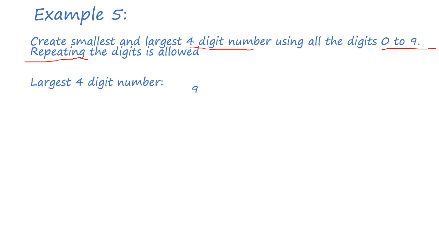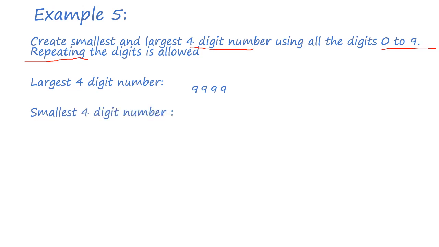So for hundreds place, what digit should I use? I want to use the largest digit, so I'll use 9 again. And at tens place, 9 again and 9 again. So 9,999 is the largest 4-digit number that I can create using all the digits.